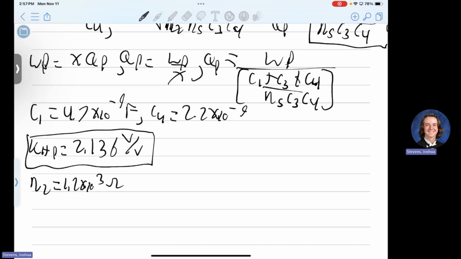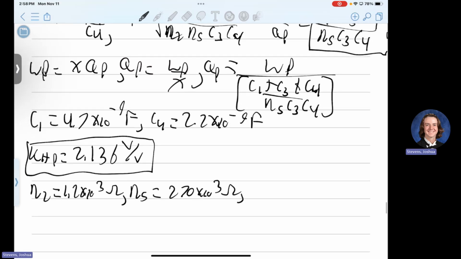R5 equals 270 times 10 to the third ohms. C3 equals 2.2 times 10 to the negative 9th farads. And C4 also equals 2.2 times 10 to the negative 9th farads.